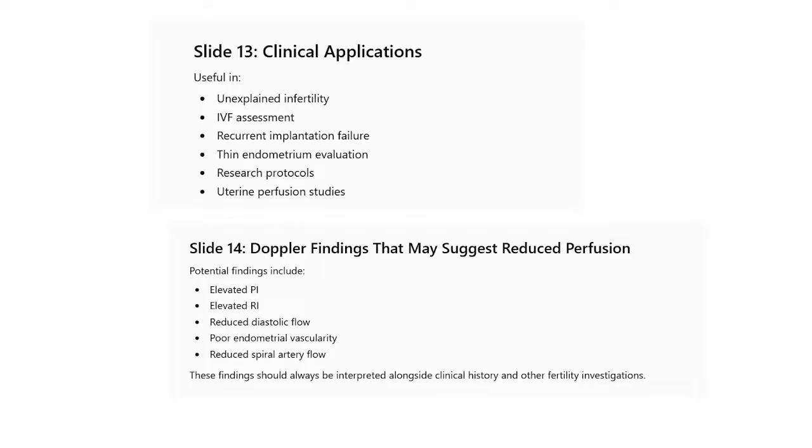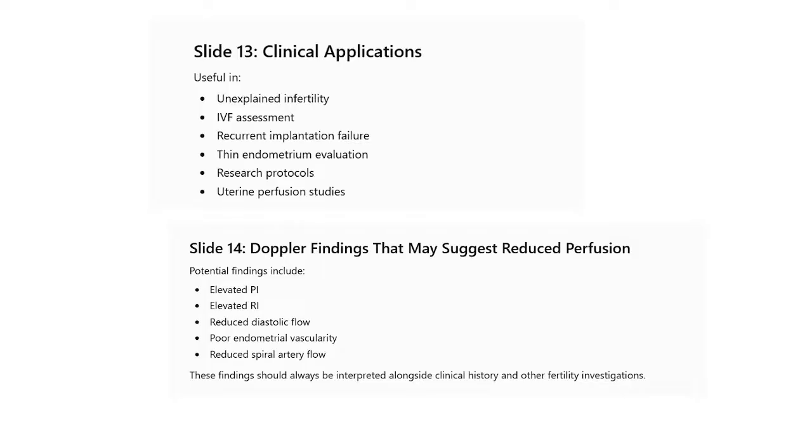Doppler findings that may suggest reduced perfusion include elevated PI, elevated RI, reduced diastolic flow, poor endometrial vascularity, and reduced spiral artery flow. These findings should always be interpreted alongside clinical history and other fertility investigations. So you can see now where we're going.